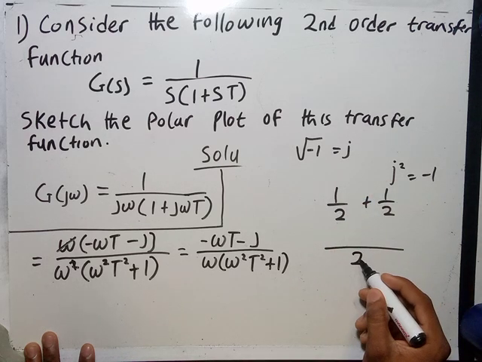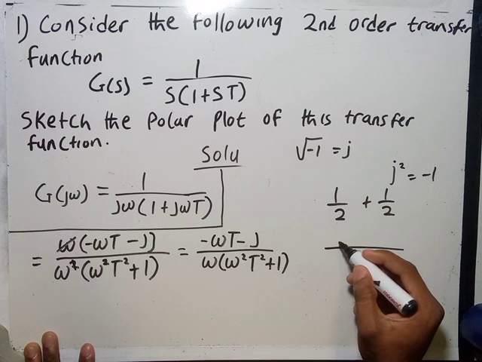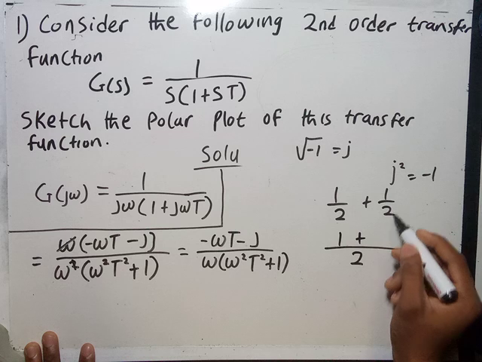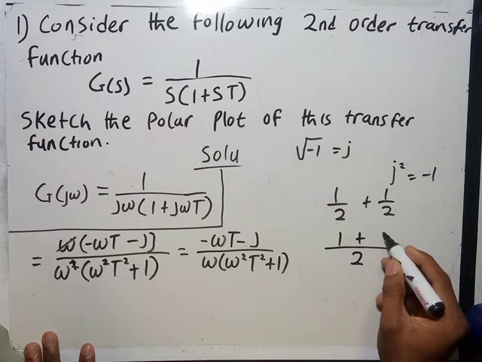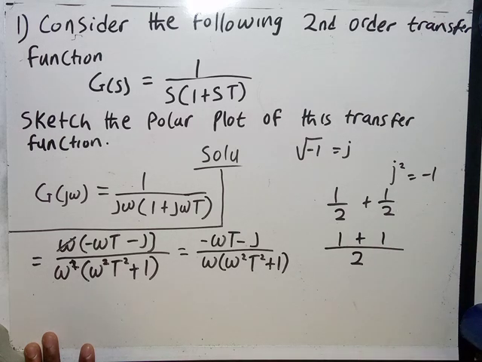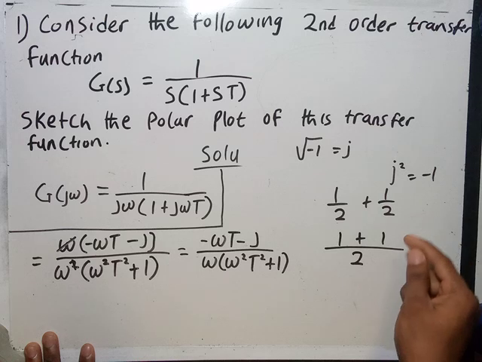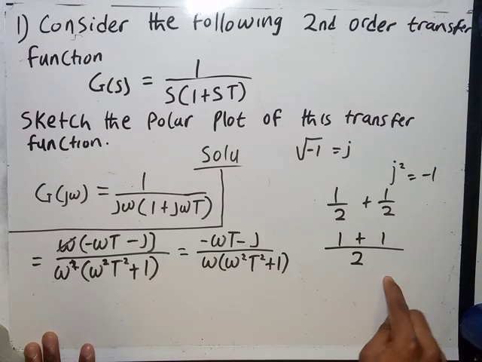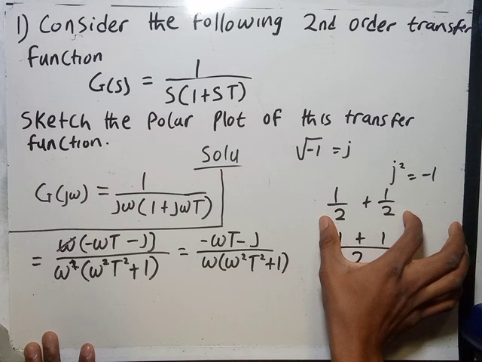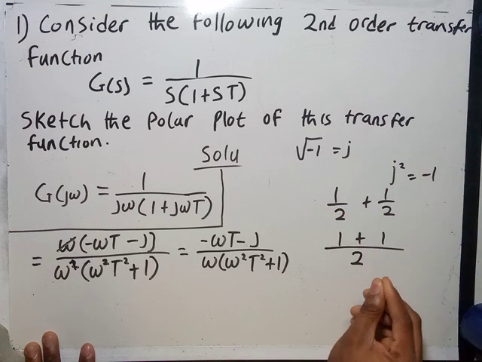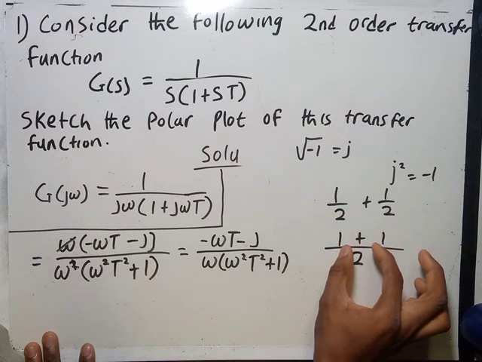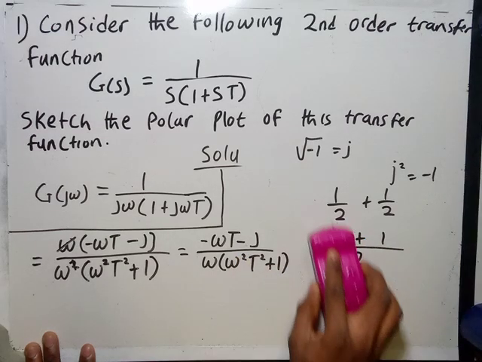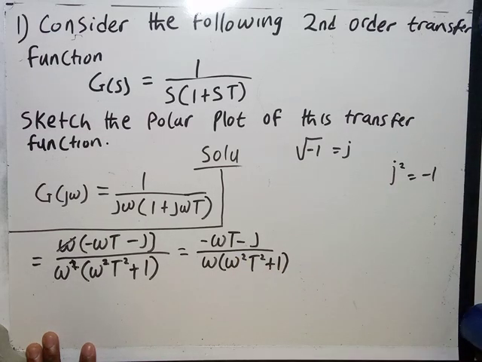You have 1 times the one on top, plus 1 times the one on top. So the only difference is that they collected the denominator to be 1 while your numerator still remains separated. Now looking at this one, that's the same thing we are going to be doing here.